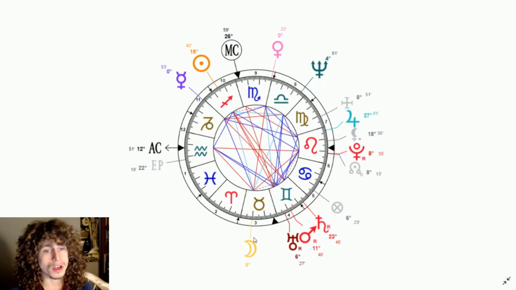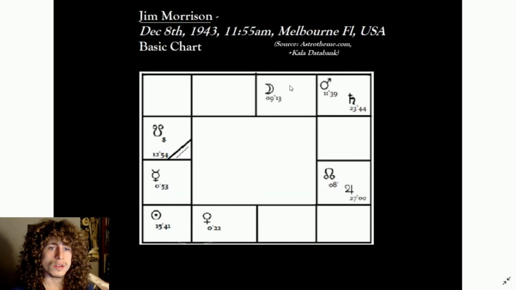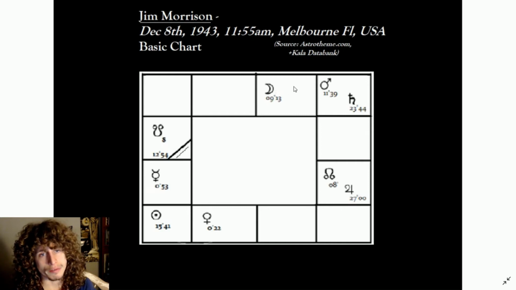The 4th house cusp actually does fall in Taurus. So, wherever the ruler of Taurus is, and the health of that ruler, is going to greatly define the prosperity of the 4th house. Now for Jim Morrison, Venus, of course, is the ruler of Taurus, the 4th house, and Venus we can see is up here in the 10th house in Scorpio.